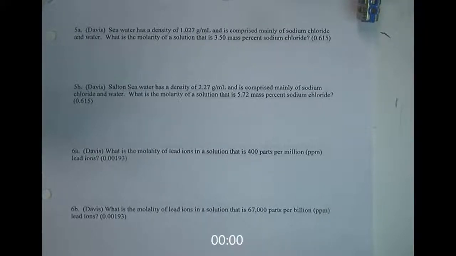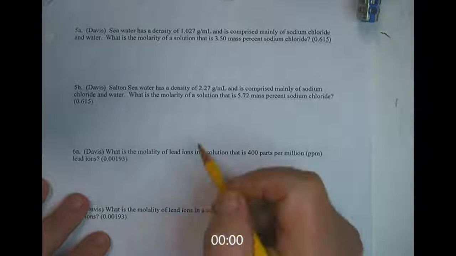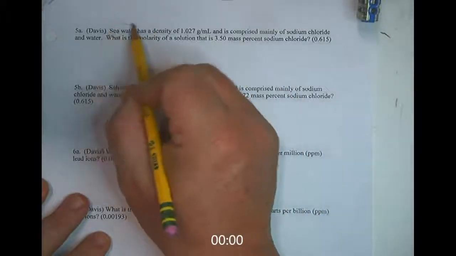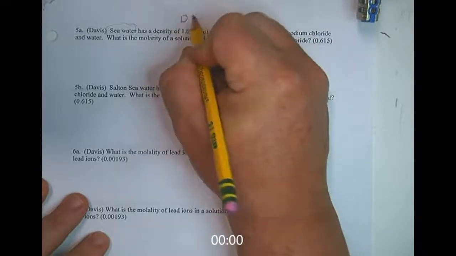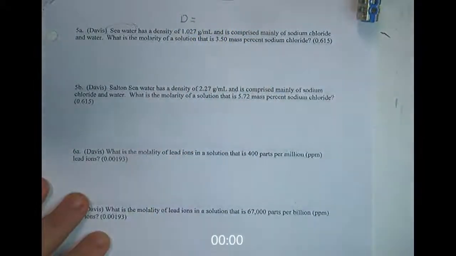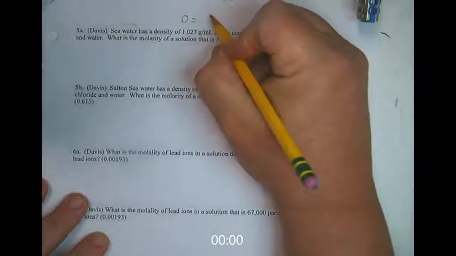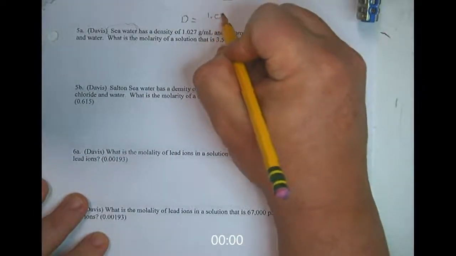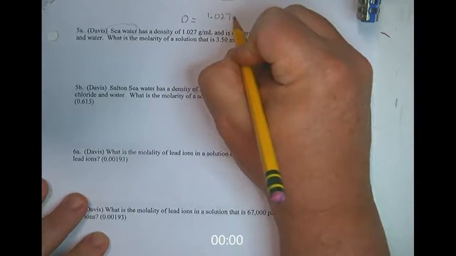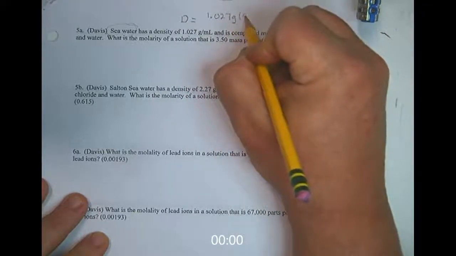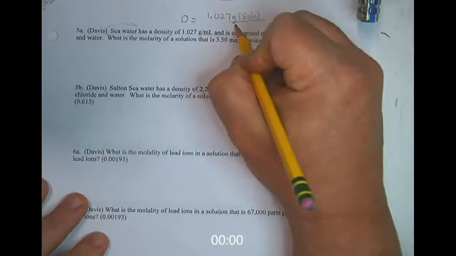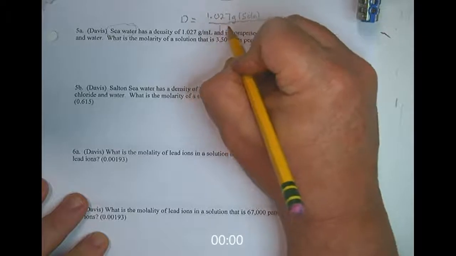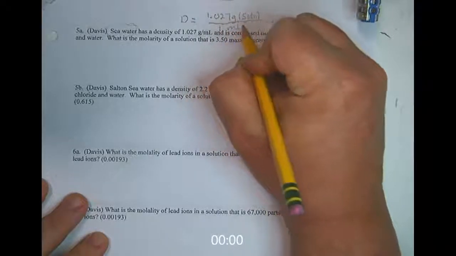Seawater has a density of 1.027 grams per milliliter. So let's break that down here. Seawater is our solution. So that means the density, we can use capital D, or there's a Greek letter rho that sometimes used, but we're going to use capital D, is 1.027 grams of solution, that's our seawater, for every 1 milliliter of solution.